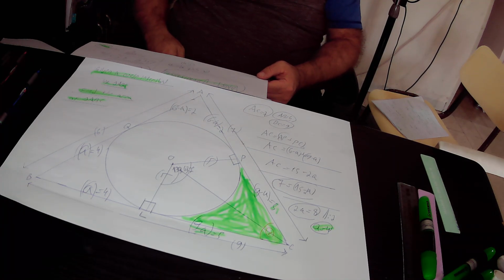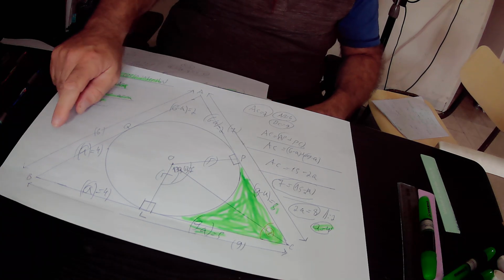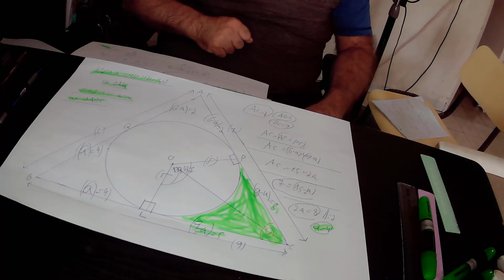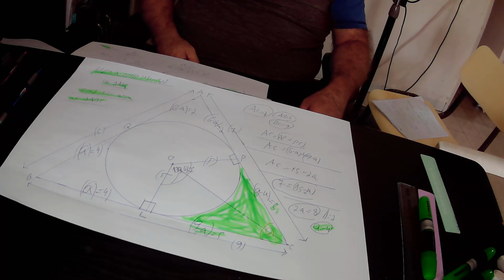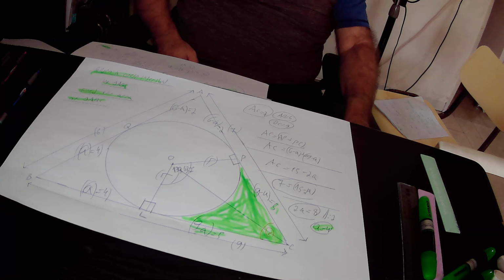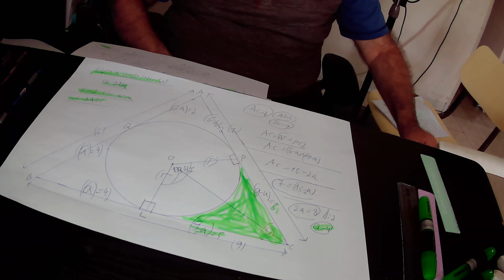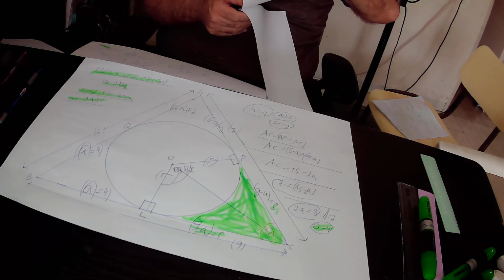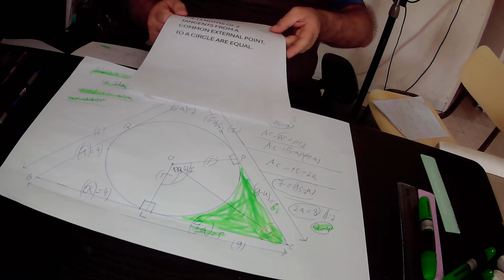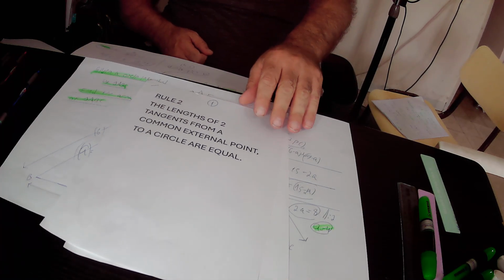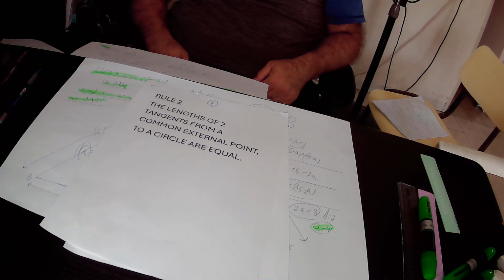In the next step, first of all, we define line segment BL as a, in its length. Then we implement rule 2 in our drawing. According to rule 2, the lengths of two tangents from a common external point to a circle are equal.